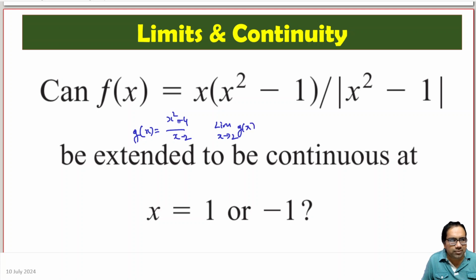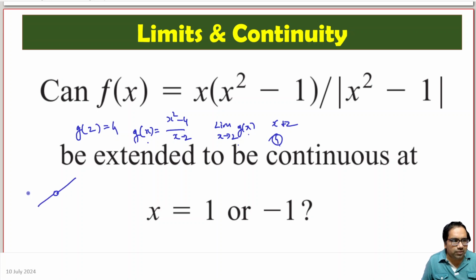We cancel this x minus 2, we take the x plus 2 that remains, and we substitute 2 here, and we say limit x tends to 2 of g of x is actually 4. And if you say g of 2 is equal to 4, then we can actually fill that hole.